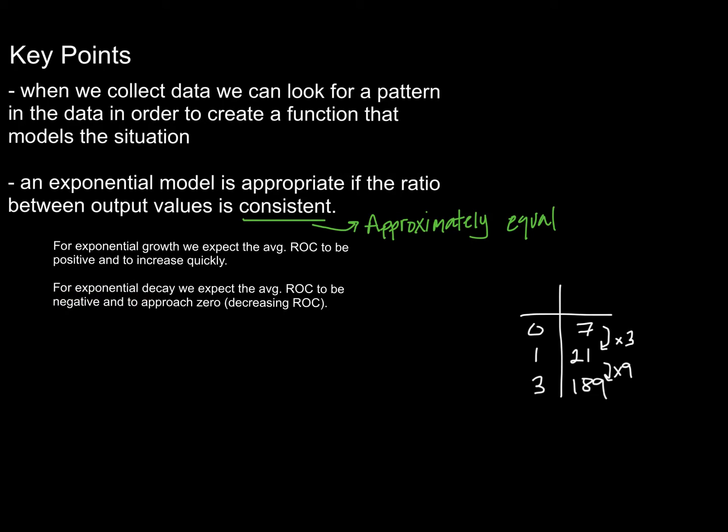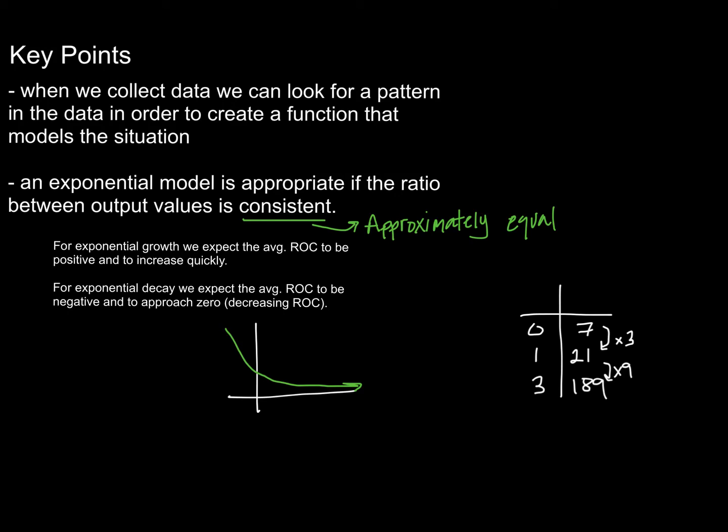If we have an exponential decay function, and let's just quickly graph what that might look like, what we expect is for the average rate of change to decrease and to approach 0. And we also expect it to be negative, right? Here the function is decreasing always. So what we have is a negative average rate of change, and we expect it to be getting closer to 0. So if we're computing the average rate of changes, that's what we're looking for to determine whether an exponential decay model would be appropriate.